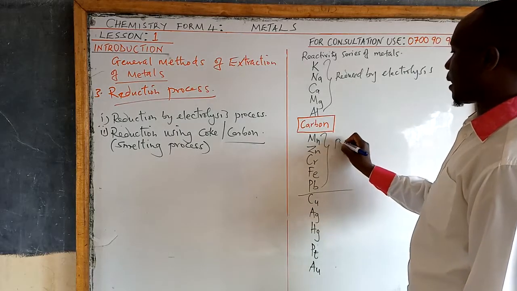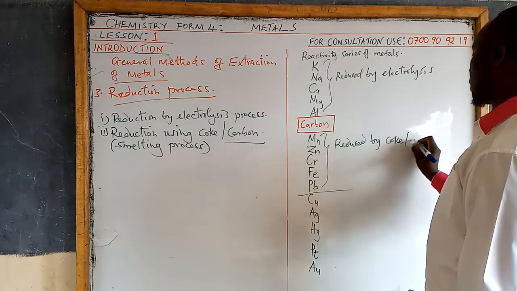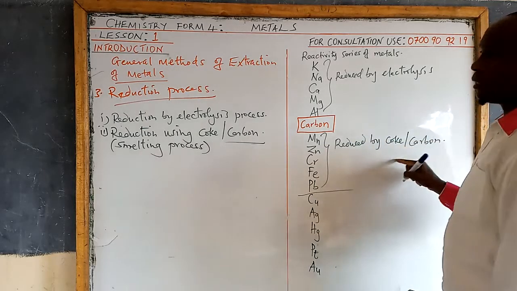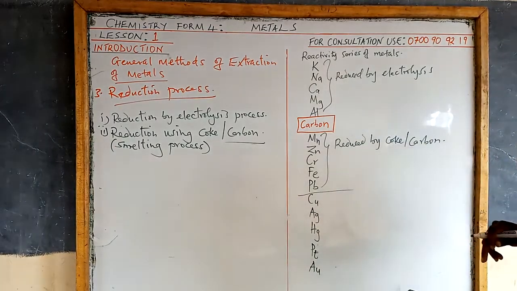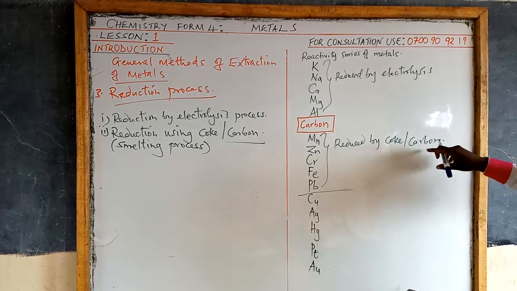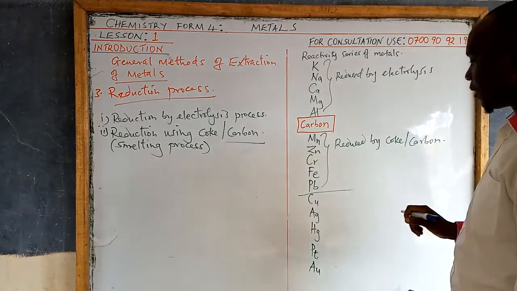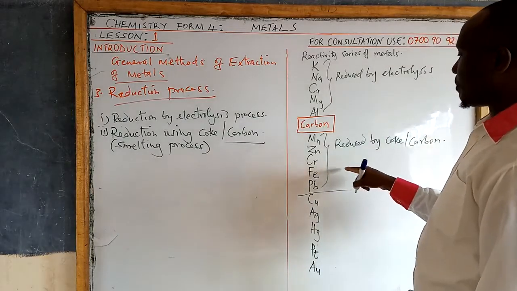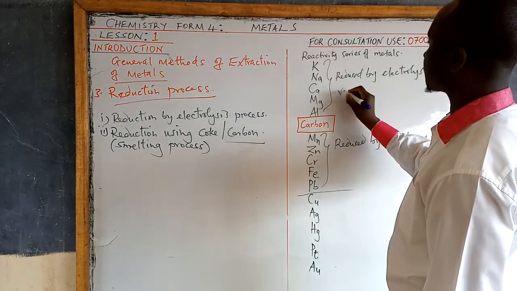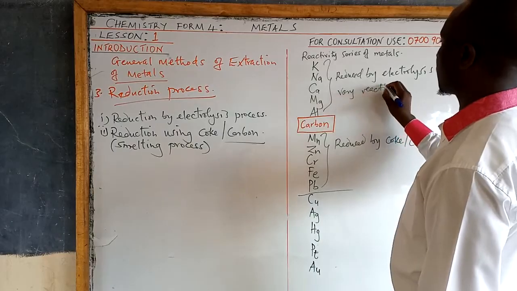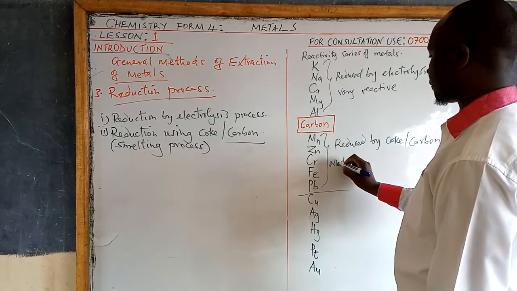So these ones are reduced by coke, or if you like, by carbon, and also carbon 2 oxide, because when carbon burns in a limited supply of oxygen, it produces carbon 2 oxide, as you are going to see. The main reducing agents are carbon and carbon 2 oxide. So these ones are very reactive elements. These ones are moderately reactive.